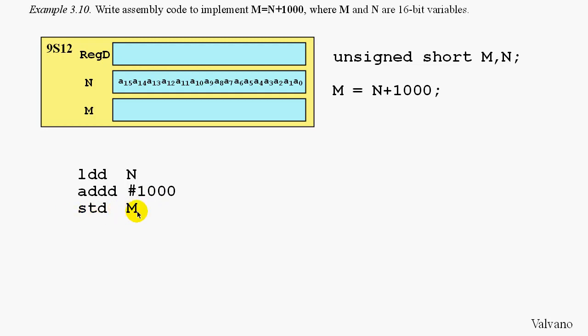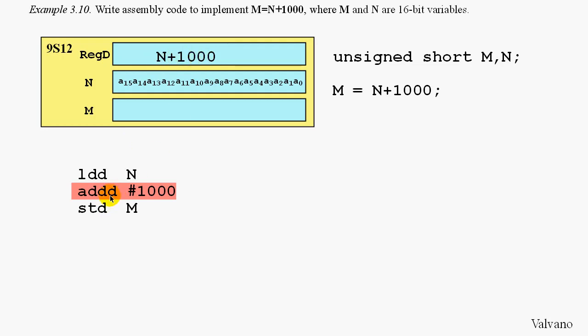In this case, we've selected register D to operate because register D is 16 bits and it matches the size of the variable n, which is 16 bits. The execution of the load D instruction will bring the 16-bit value in memory location n into register D. The add D instruction will add, because of the pound here, the constant 1000 to register D. So register D will contain the value n plus 1000 after the add instruction.